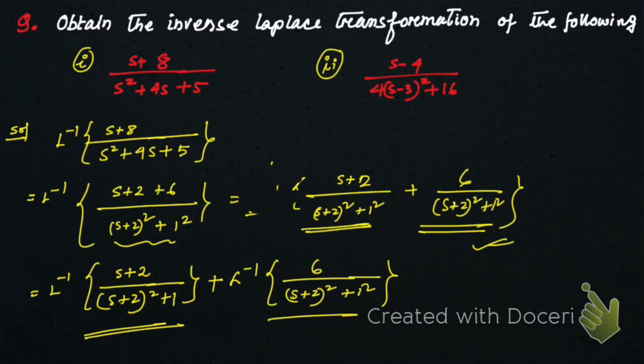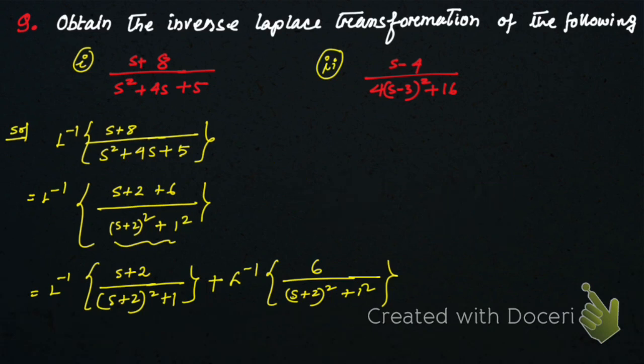Now this 6 can be written outside, so we can write: 6 into inverse Laplace transformation of 1 by s plus 2 whole square plus 1 square.